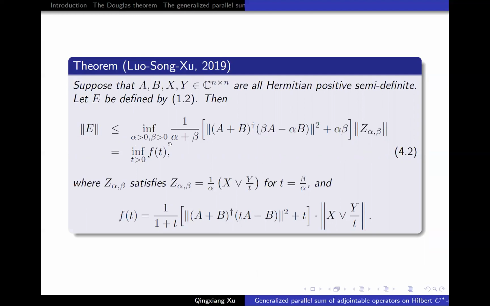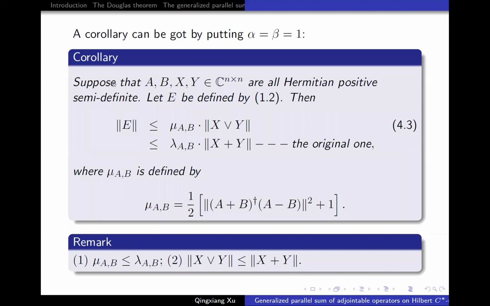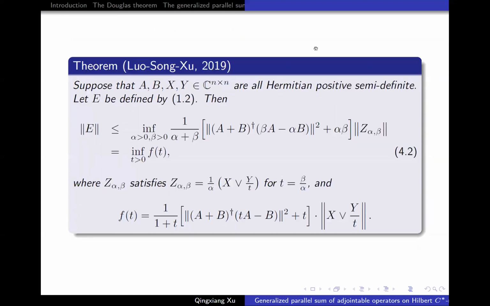Here for available alpha and beta, it is less than infinity. It looks complicated, but we can use MATLAB to make some computations. And in the special case, if we choose alpha and beta equal to 1, then we can get a corollary in this form. This is a new bound obtained by letting alpha and beta equal 1 in this equation.